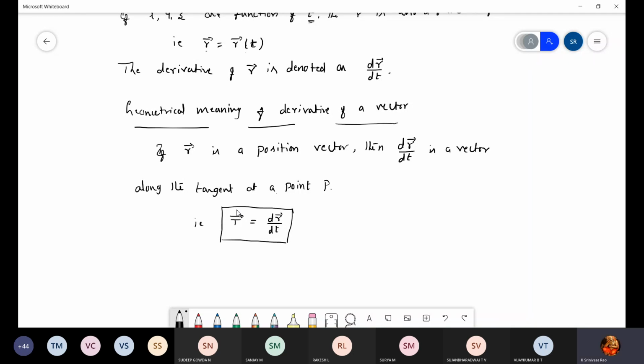Next heading, unit tangent vector. So I hope you understand: the tangent vector is nothing but one time differentiation of r with respect to small t. Now once you have the tangent vector T, how to calculate the unit tangent vector?